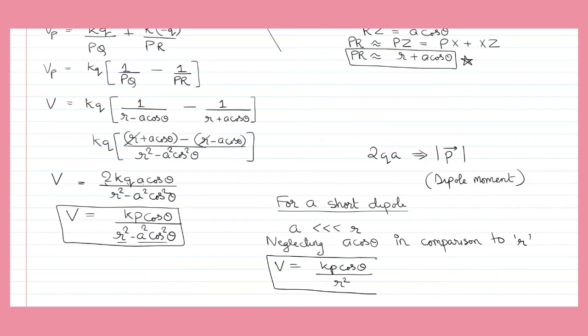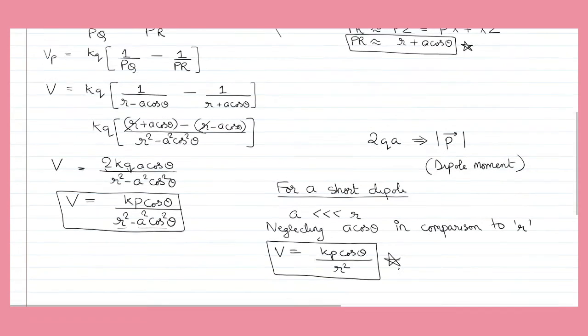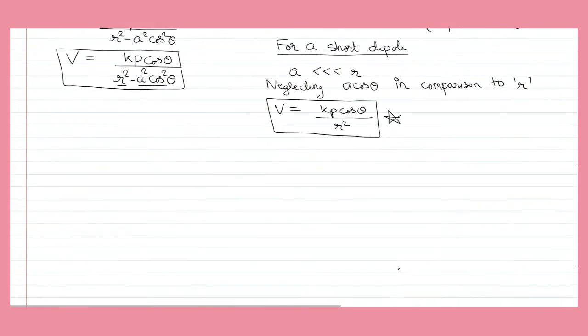So this is the formula which we have to use, Kp cos theta upon r square.